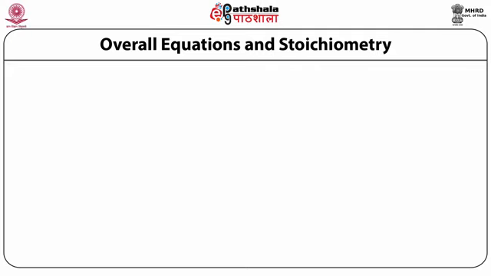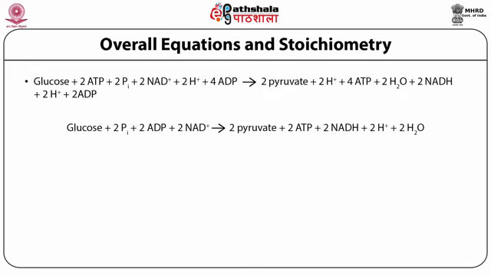Overall equations and stoichiometry. Keeping in mind that each molecule of glucose yields 2 molecules of glyceraldehyde 3-phosphate, the total input and the output of all 10 glycolytic reactions is written in the first equation. Mainly three things happen simultaneously in glycolysis.